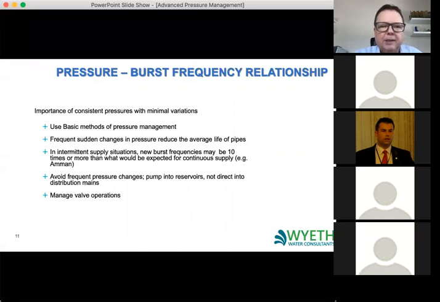And there has been some analysis done that shows that it can be more than 10 times higher burst frequency in an intermittent supply than in a continuously supplied area.